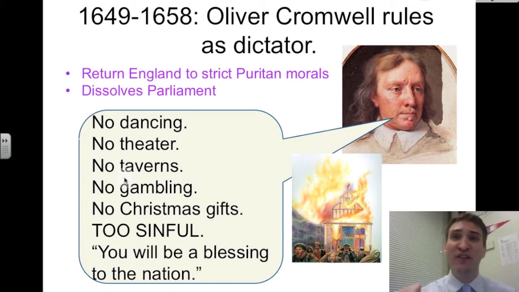An example of how strict Cromwell was is that he organized the burning of the Globe Theatre in England. The Globe Theatre was where William Shakespeare had a lot of his plays. So this was a symbol of how strict Cromwell had become, not liking the theater, not liking the arts, because it was sinful.